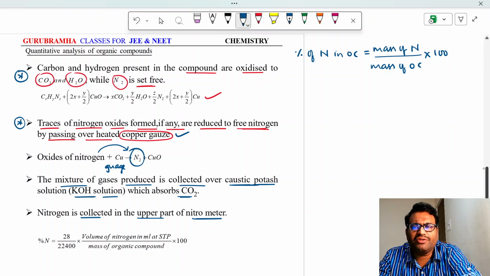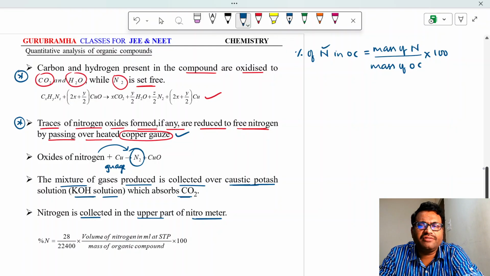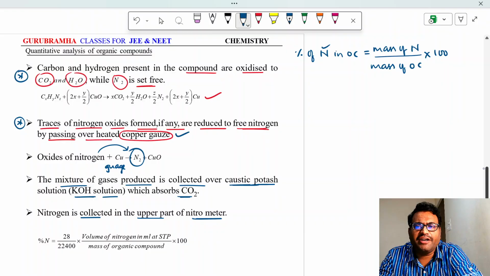So this is the formula to calculate the percentage. Whose percentage are you calculating? Nitrogen. Where is that nitrogen present? The nitrogen is present in the organic compound. So we are calculating the percentage of nitrogen in the organic compound. Percentage of nitrogen is equal to mass of nitrogen by mass of organic compound into 100.